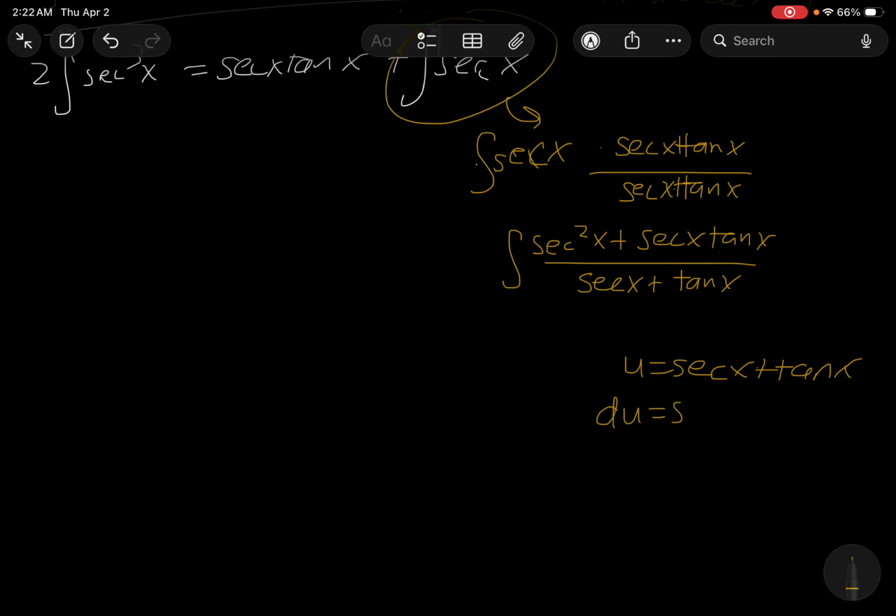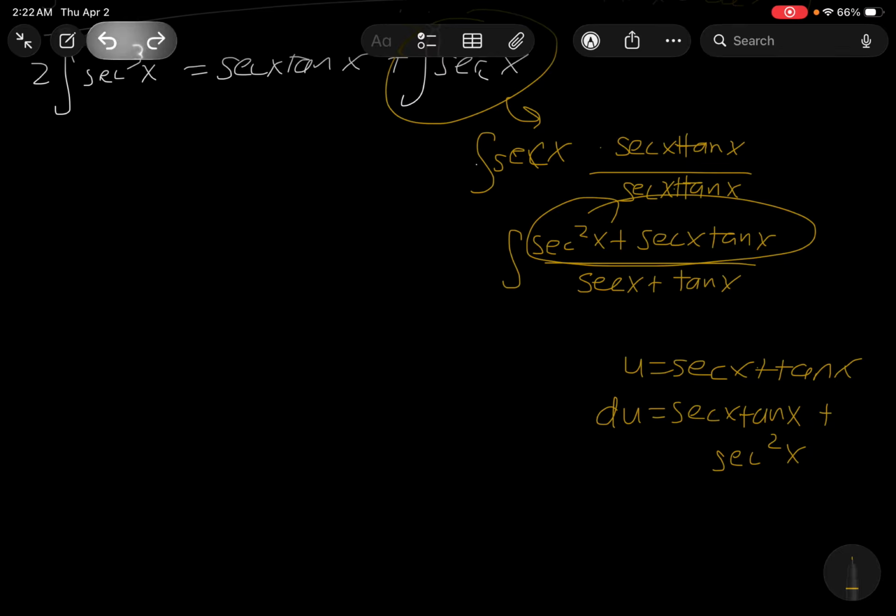Derivative of that is secant of x tangent of x plus secant squared of x, which is basically this. All right. Now we're going to plug everything back in.